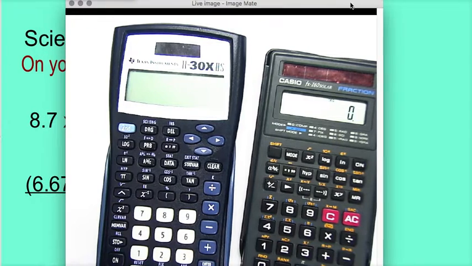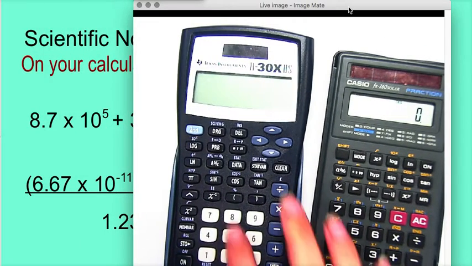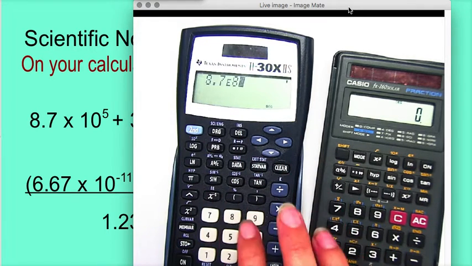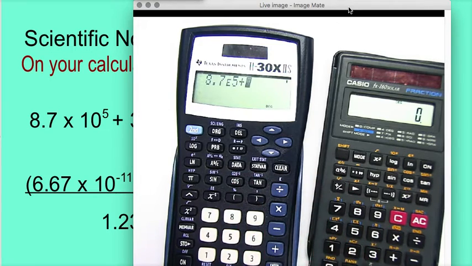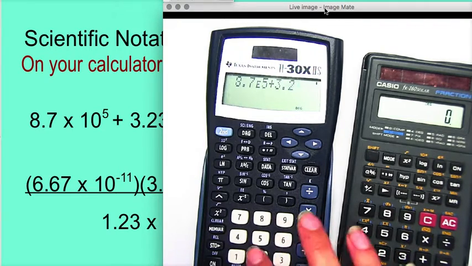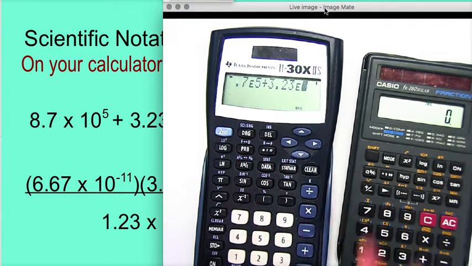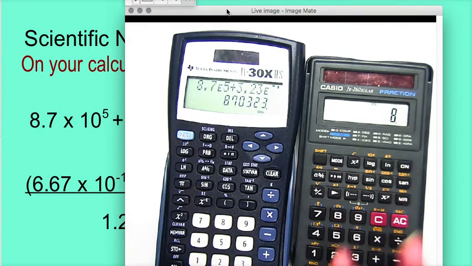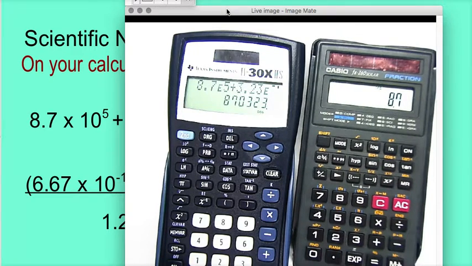So if I look at my number, it would be 8.7 times 10 to the 5th, plus, sorry, what was the other number? 3.23 EE, which means times 10 to the 2nd. And I get that number, 870,323.